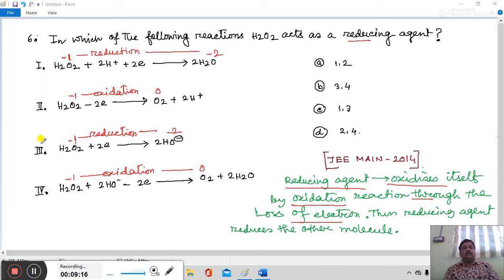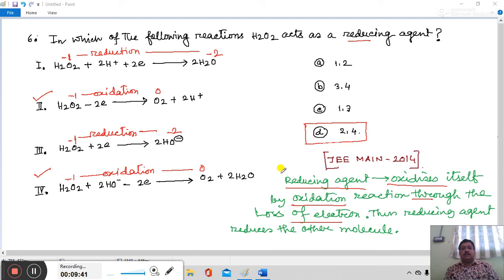In these 4 reactions, in equation 2 and equation 4, H2 undergoes oxidation. So in the case of 2 and 4, H2 is oxidized and reduces others, and H2 acts as a reducing agent. So options 2 and 4 are the right ones.